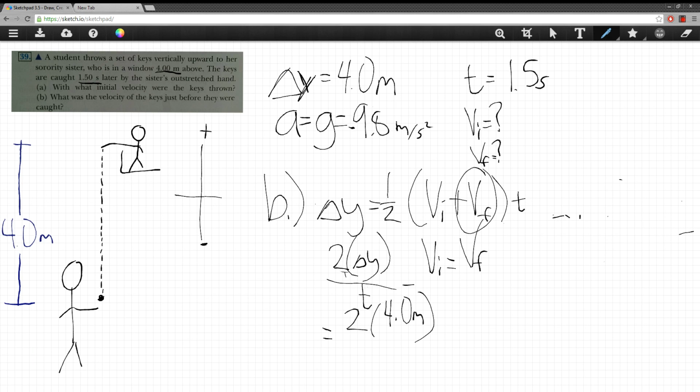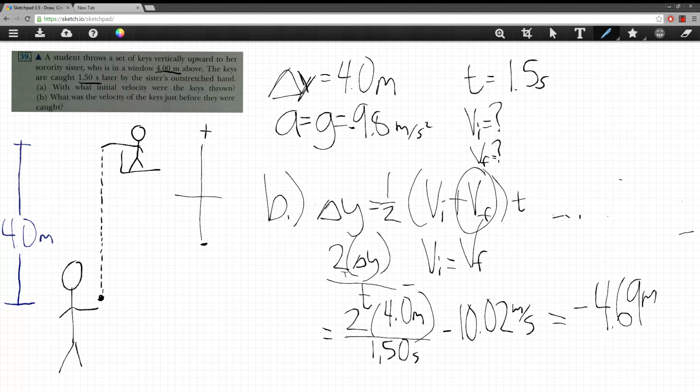So 2 times 4.0 meters divided by 1.50 seconds minus 10.02 meters per second. And this equals negative 4.69 meters per second.